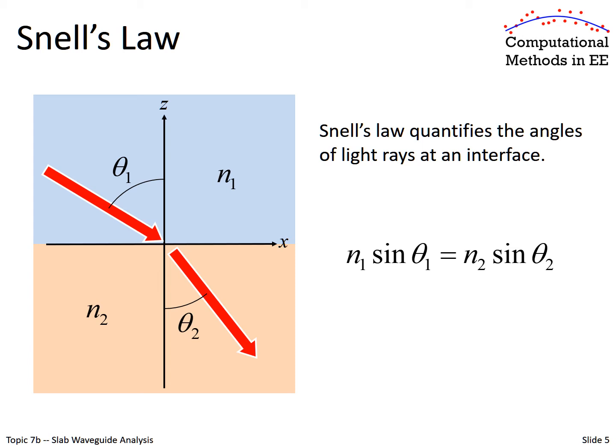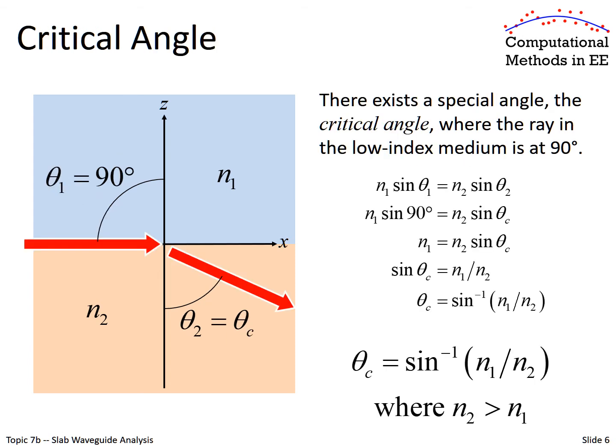Now let's think about a special case. Maybe this is a little bit impossible, but imagine your angle of incidence was 90 degrees. And if that number bothers you, imagine it being 89.99 degrees. The angle on the other side of the interface is a very special angle called the critical angle.